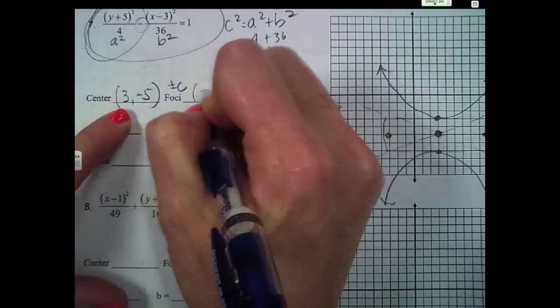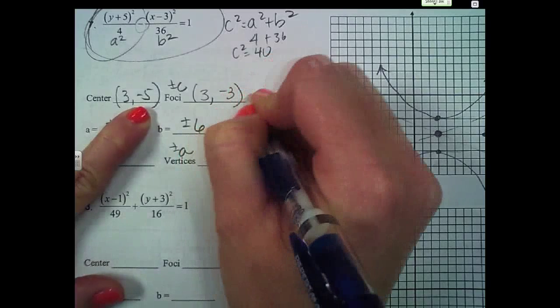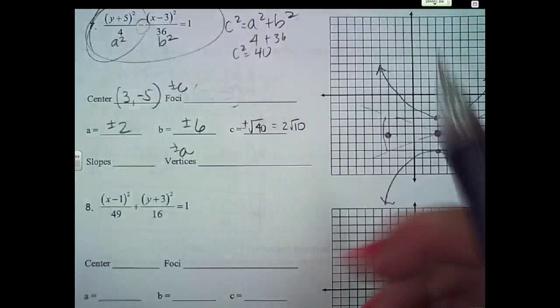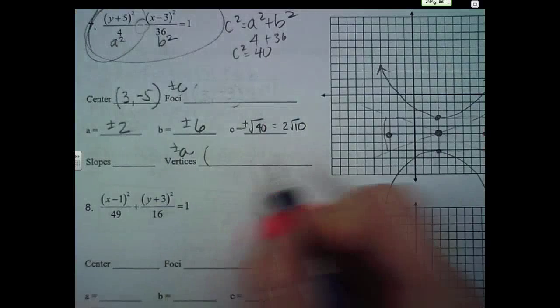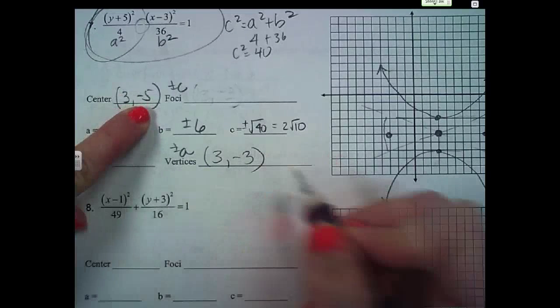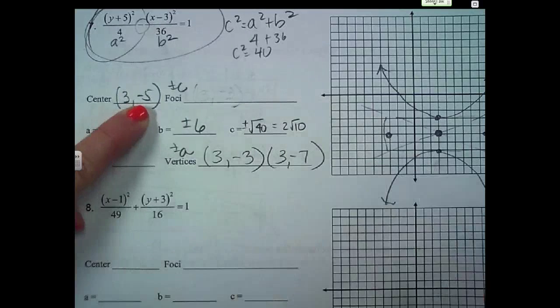So I'm going to have 3, and I did have -5. I'm at 3, and I went -5 up 2, which is -3, and then -5 down 2, which is -7.